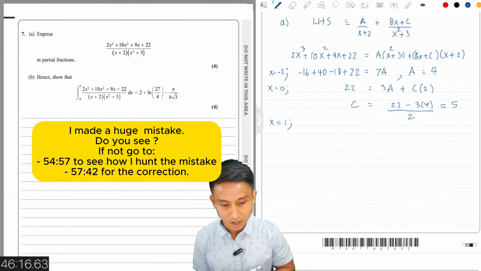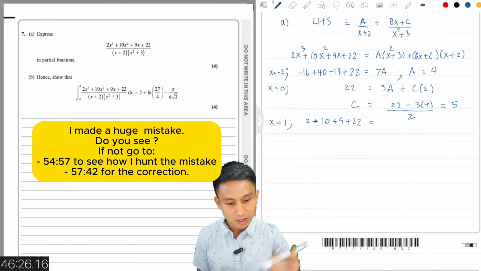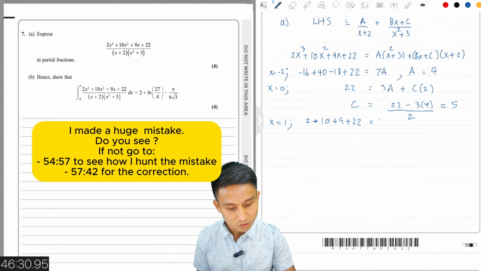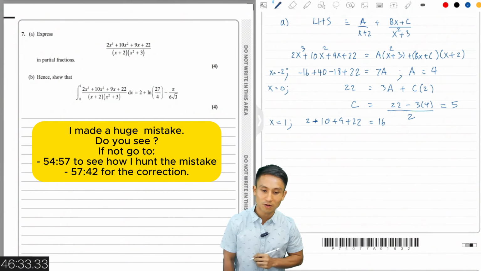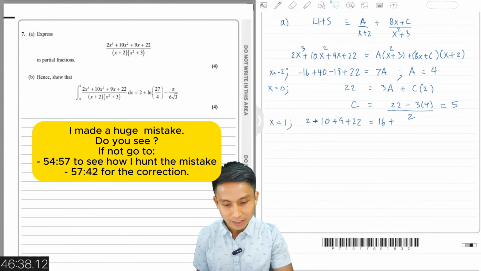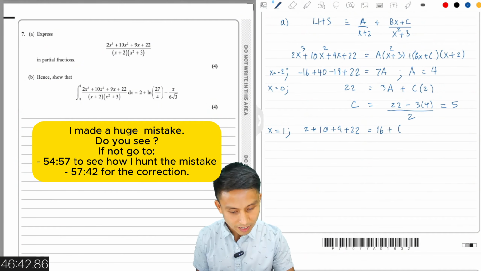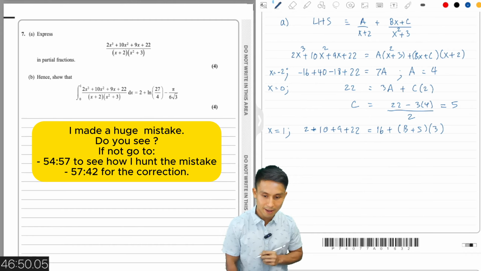And then we're just going to go for another one. Let's make it easy, 1. So the left part would be 2 plus 10 plus 9 plus 22 equals, we'll substitute 4 in for A and 1 in for x. You get 4 times 4, which is 16 there. I hope you follow. Plus, well, b we don't know. We are finding it here, so we're just going to do bx, where x is 1, so that's b, plus c is 5, and then x squared plus 3 is going to be 4, right?